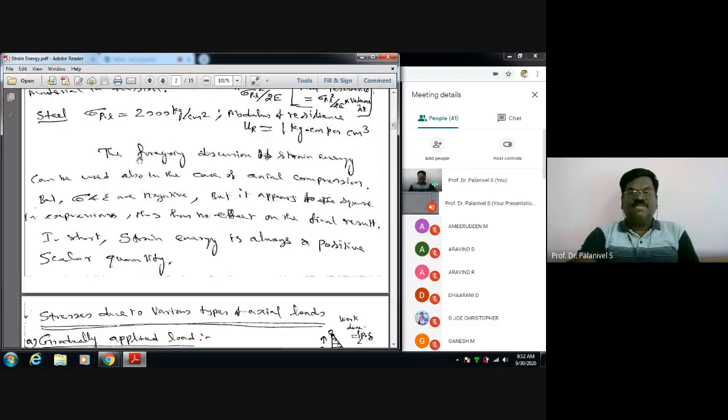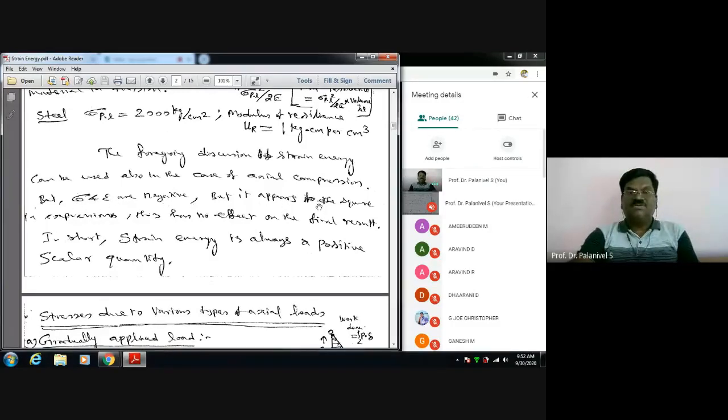The foregoing discussion of strain energy can be used also in the case of axial compression. Whatever we have discussed so far, when the bar is subject to axial tension, the same thing is applicable for axial compression also. The only difference is that sigma and epsilon are negative.